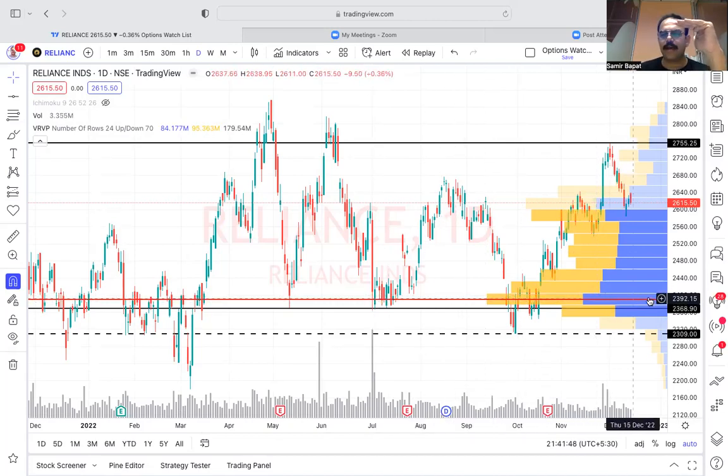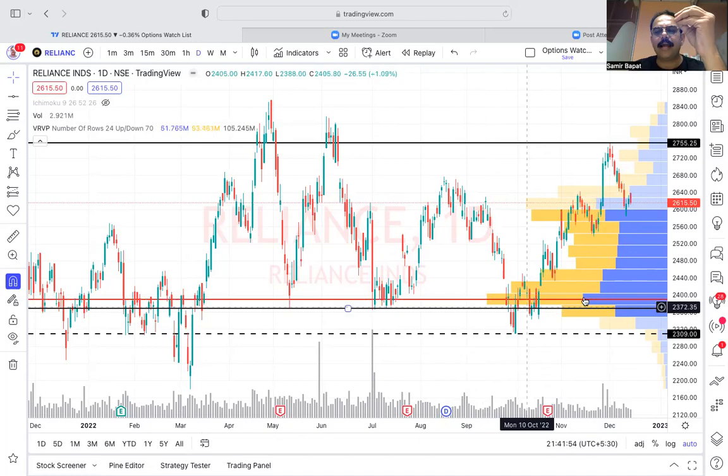When this bar is getting drawn and this red line is coming up automatically, it is telling us that at this level, this blue and green bar is the longest horizontally.